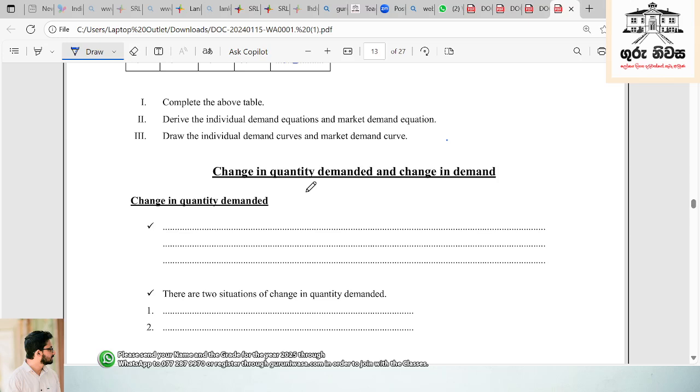Change in quantity demanded and change in demand seem to be similar, the same. No. They are totally different. The first one is change in quantity demanded. The second one is change in demand. Totally different.